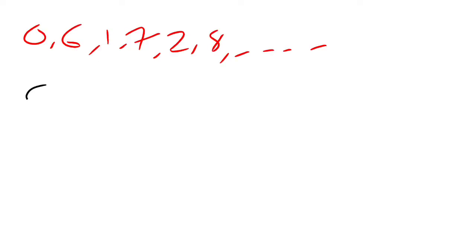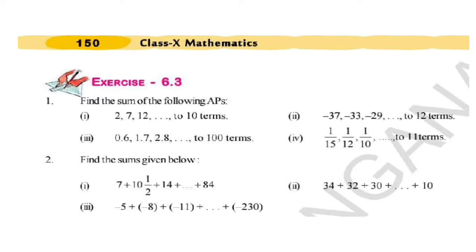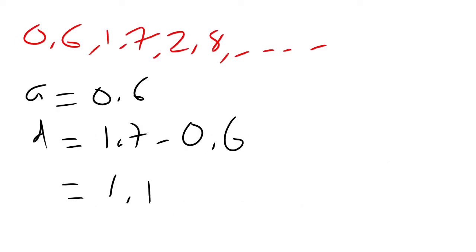Next, third question: 0.6, 1.7, 2.8. So a value is 0.6, and d value is 1.7 minus 0.6, which is 1.1. He is asking to find the first 100 terms.